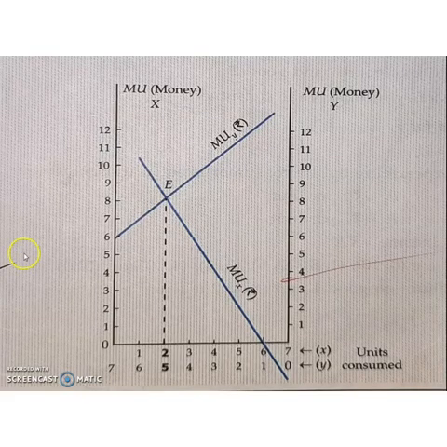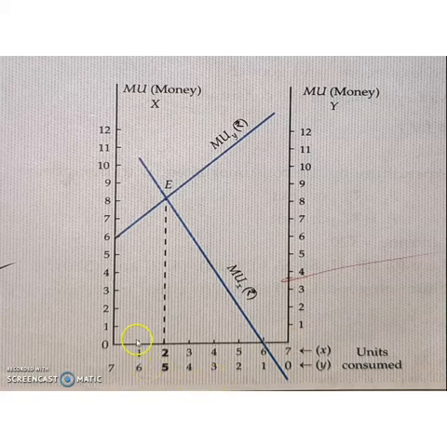So this is the diagram of utility of Y and utility of X. It can be explained as follows: the x-axis on the left side represents MU of X and the x-axis on the right side represents MU of Y. As we have taken MU of X on the left side, the units for commodity X start from left to right, and units consumed of Y start from right to left.